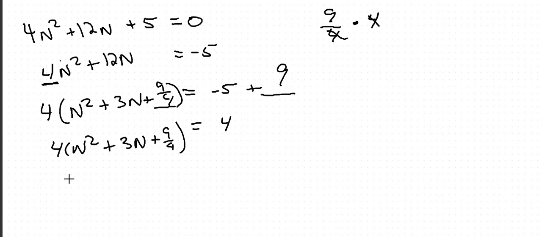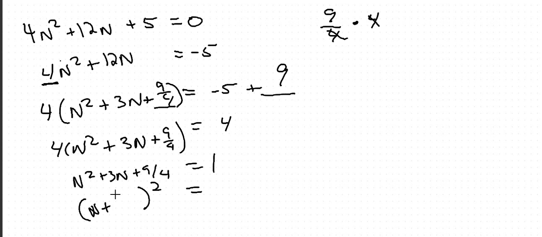Divide. Mm-hmm. So n squared plus 3n plus 9/4 equals 1. Then would that be a perfect square? So (n plus 3/2) squared equals 1. Take the square root of both sides. n plus 3/2 equals plus or minus the square root of 1, which is 1.